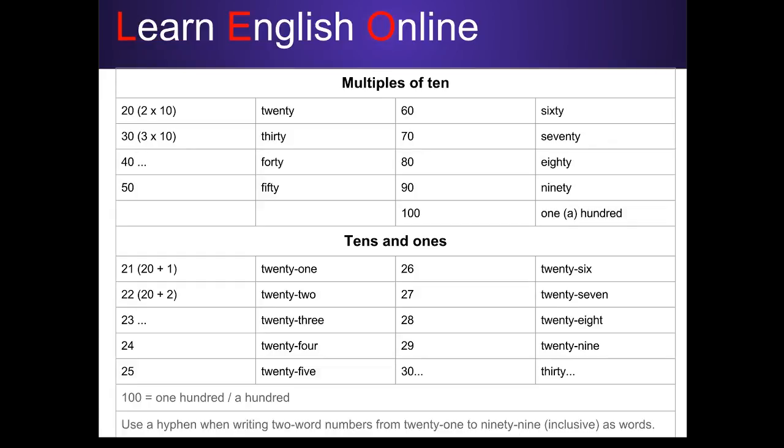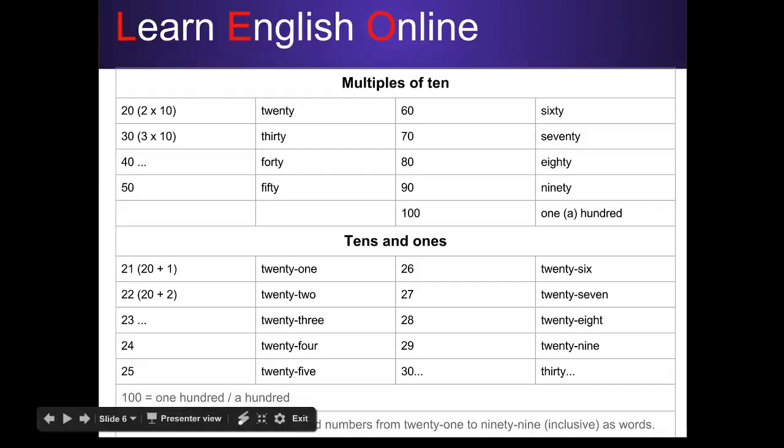Okay? But in between the multiples of 10, we have what's called tens and ones. You add the single digit numbers to the double digit numbers. So you've got 20, you add 1, 20 plus 1 is 21. 20 plus 2 is 22. 20 plus 3 is 23, and so forth. You see the pattern? You've got the tens, and then you've got the single digit numbers, the same numbers you've learnt before. 24, 25, 26, 27, 28, 29, 30.